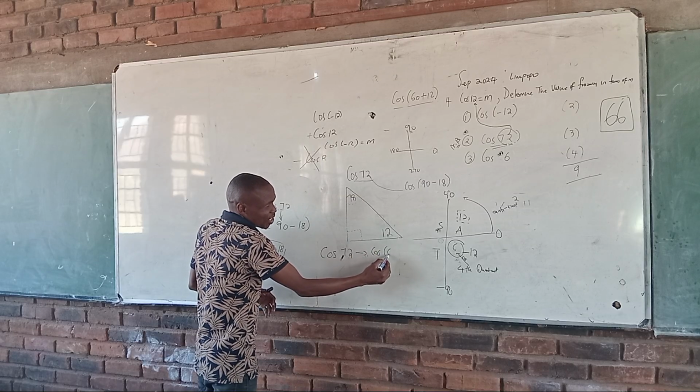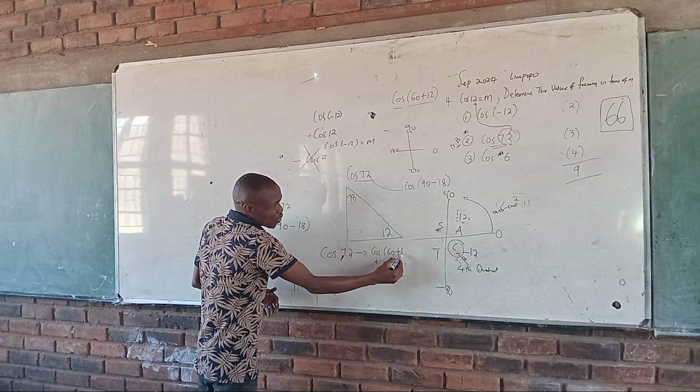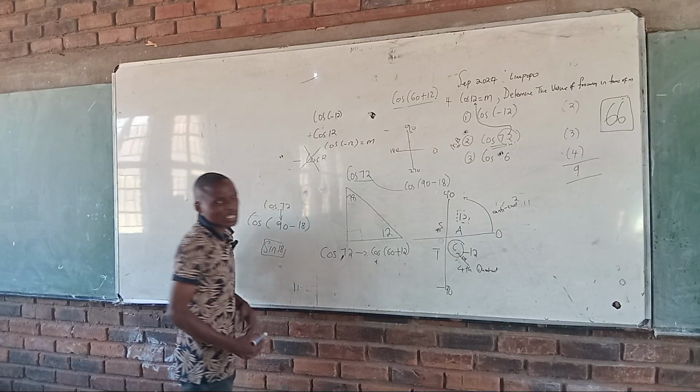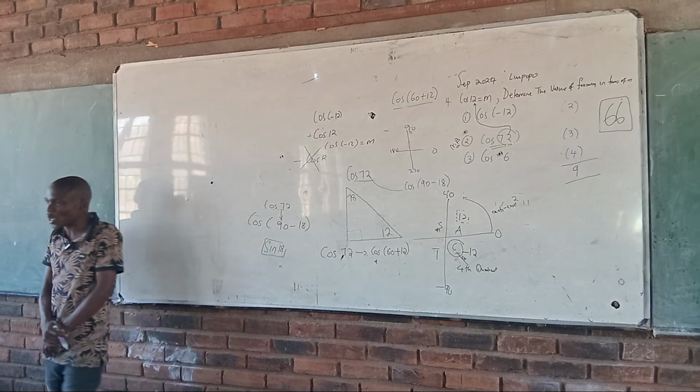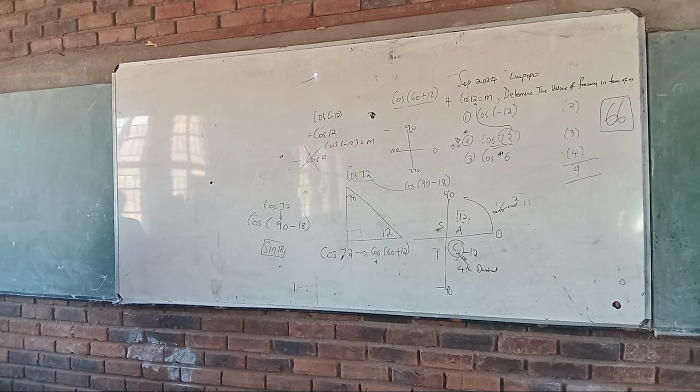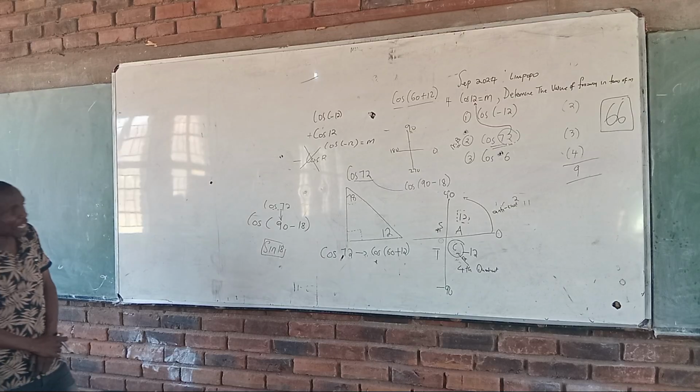Cos 60 plus 12. Now it's getting more complex. Once we say 60 plus 12, it gets more complex. What are you going to do now? Compound angles again.